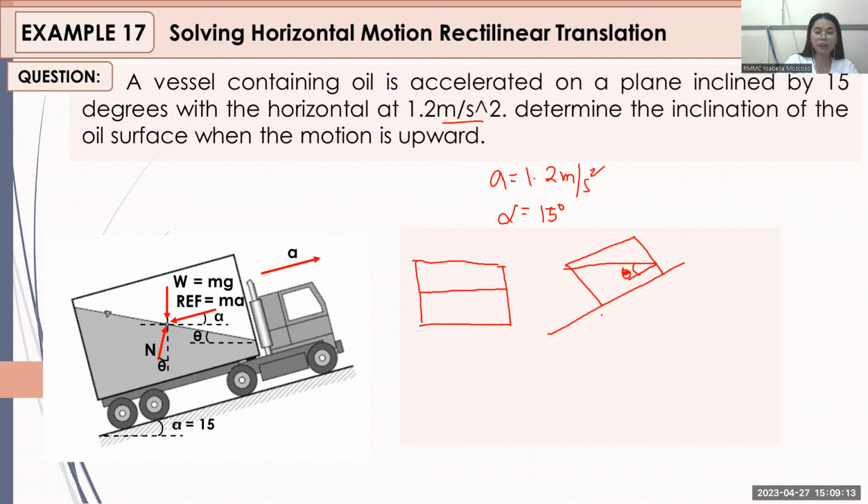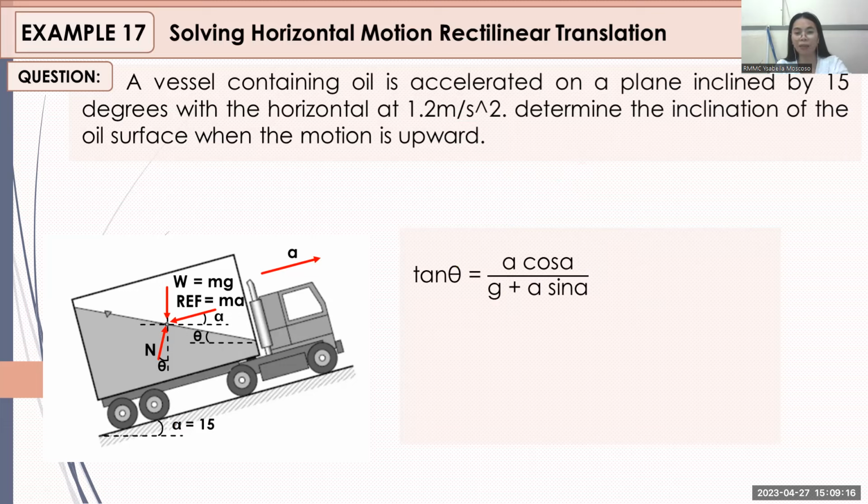No? Pero di tayo mas scared kasi formula-based lang naman tayo dito. And that is a cosine of alpha. No? That is a cosine alpha divided by G plus sine alpha. Again, bakit plus to? Because that is moving upward. Kung pabalik yung movement ng ating vessel, that is negative because nagde-decelerate yung inyong vessel.